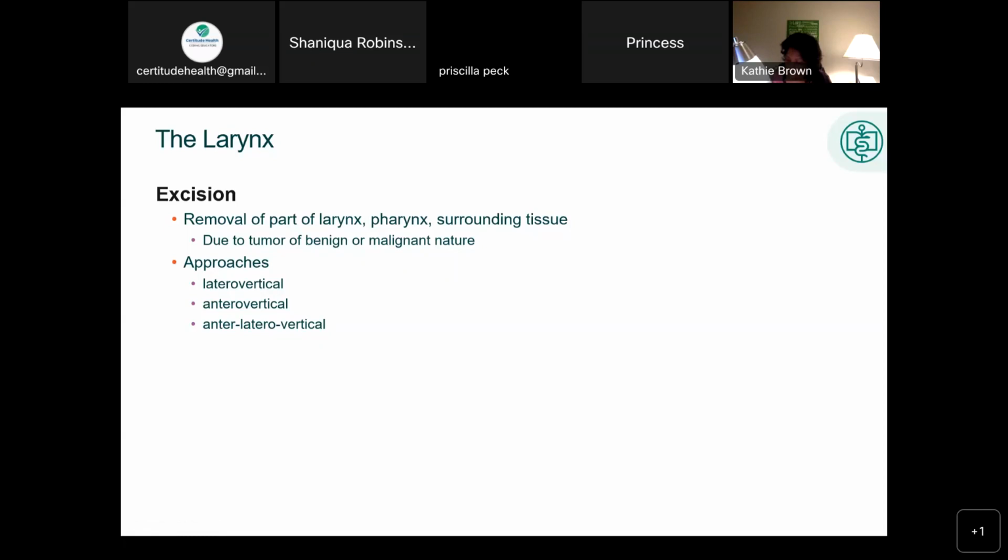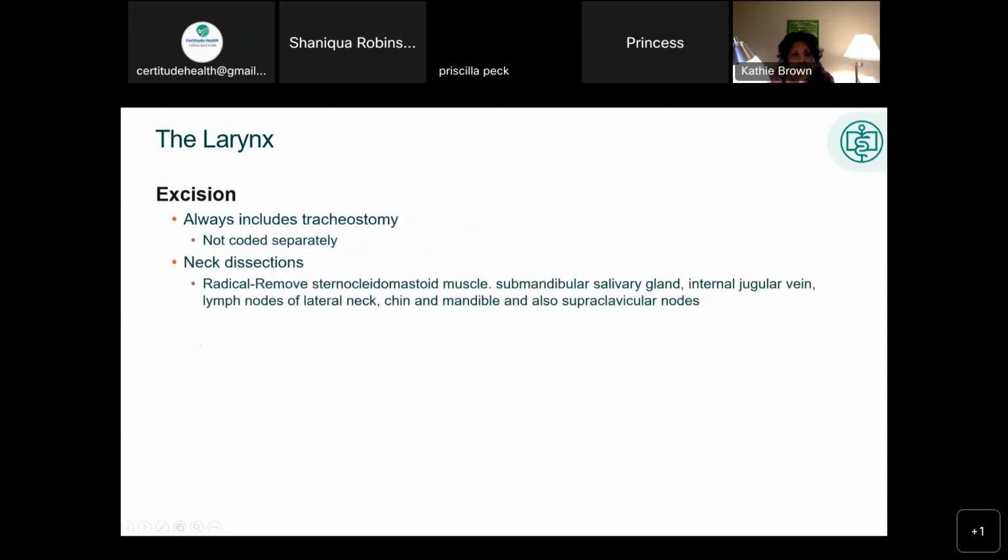All we need to know for coding purposes is that the op note is telling you what angle was utilized to make that incision or cut into the patient, so that they could access those sites properly. So that would be the deciding factor in your code selection.